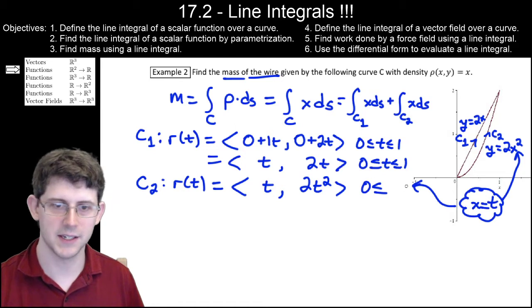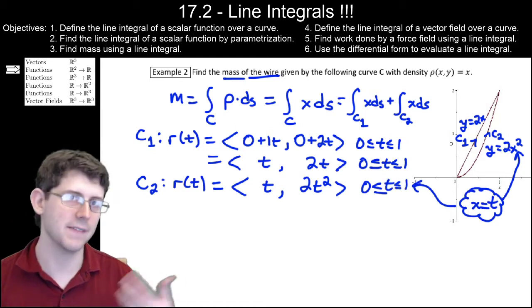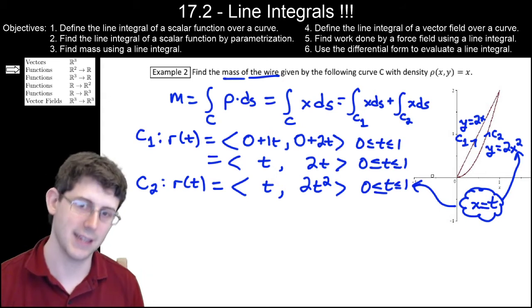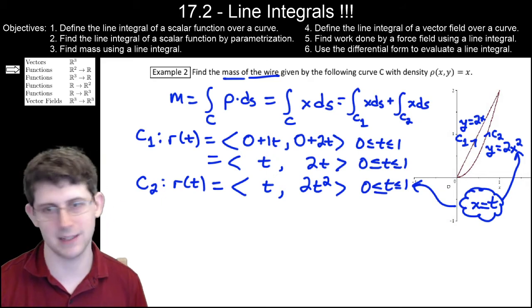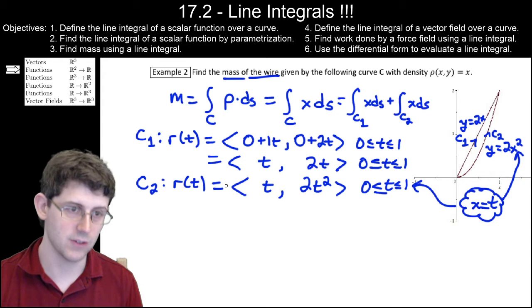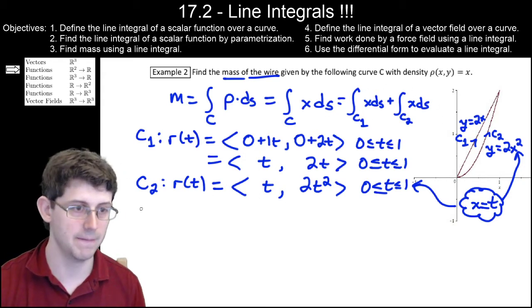In this case, t also came out to being from 0 to 1. But for a line segment, I have a fast way to parameterize it. For a piece of a function of x, this is my fast way to parameterize the function of x. In both cases, I can drop this parameterization into the line integral and I'll be able to get what I want.